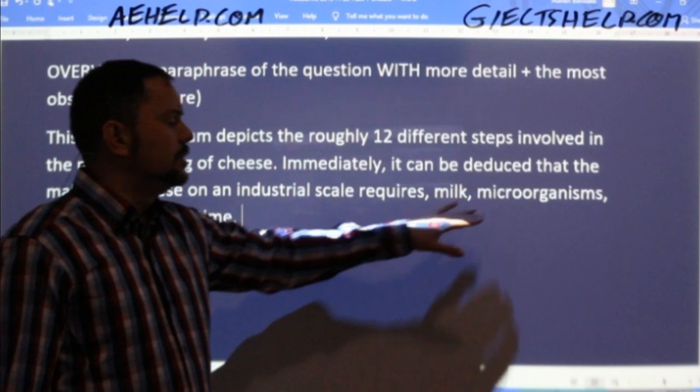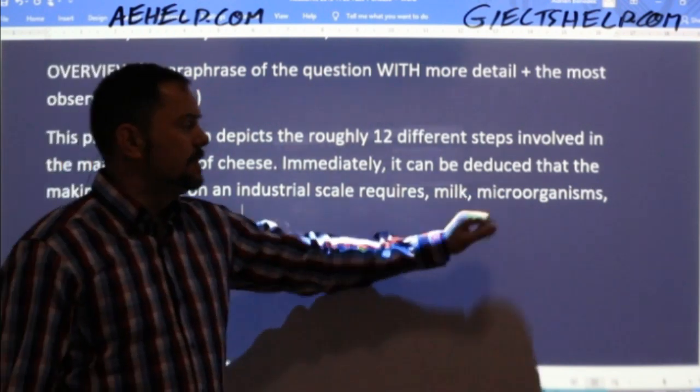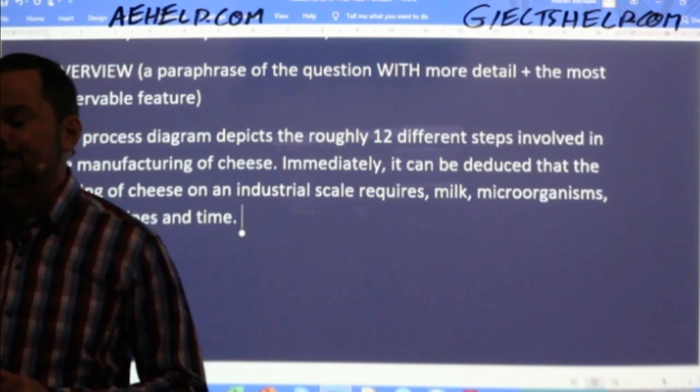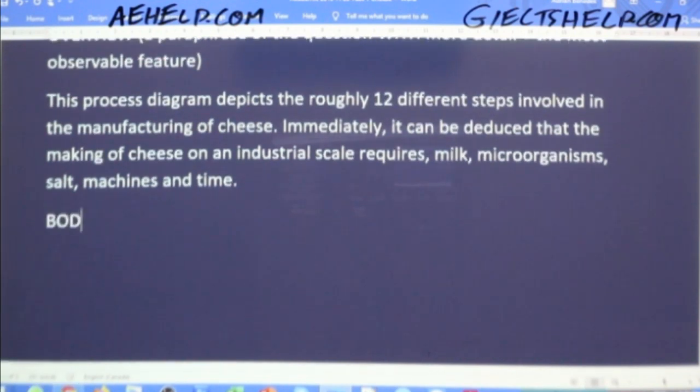Immediately, it can be deduced that the making of cheese on an industrial scale requires milk, microorganisms, salt, machines, and time. Fantastic. Now I can go to my body paragraph. My body paragraph is my analyses as well. I need about 8 to 10 sentences most, okay?